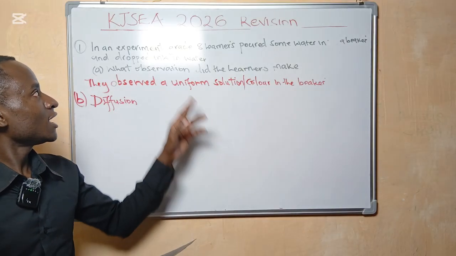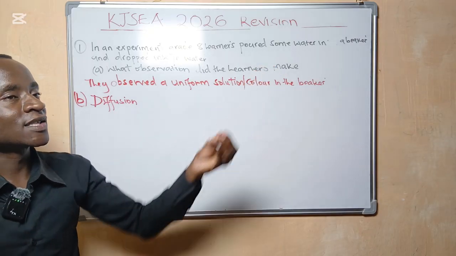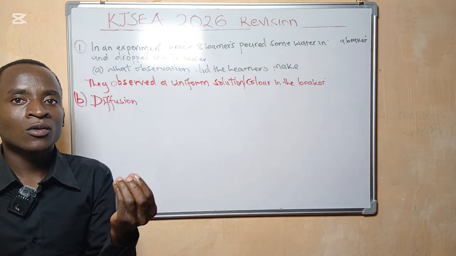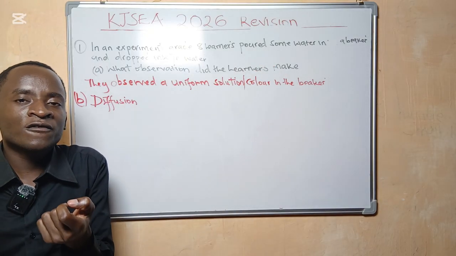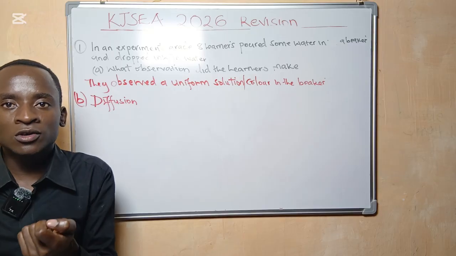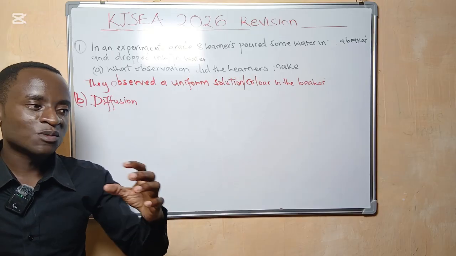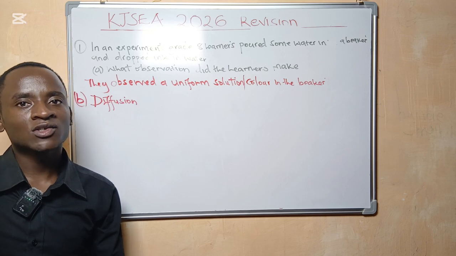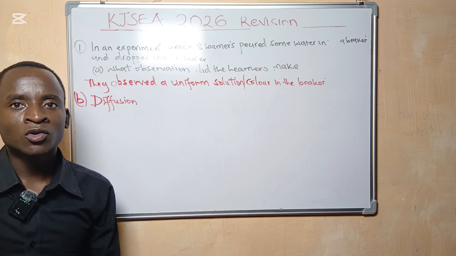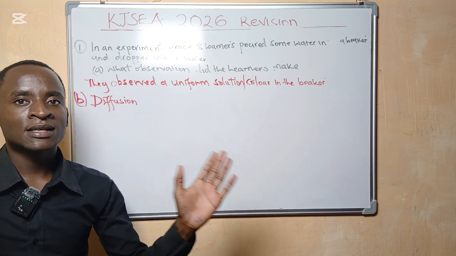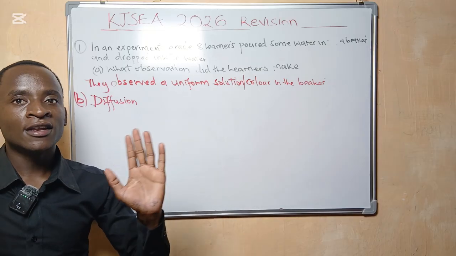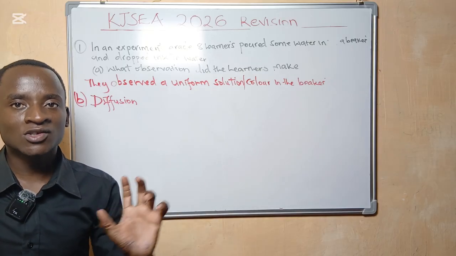Right? To mean the color of ink has spread through the water. The color of ink has moved from a region where it is highly concentrated at the bottom of the beaker to other parts in the beaker where it is less concentrated.